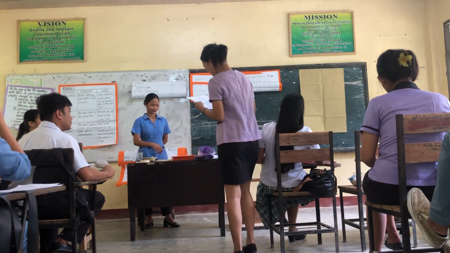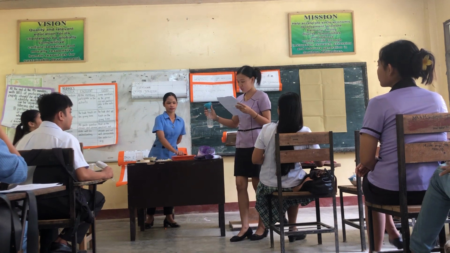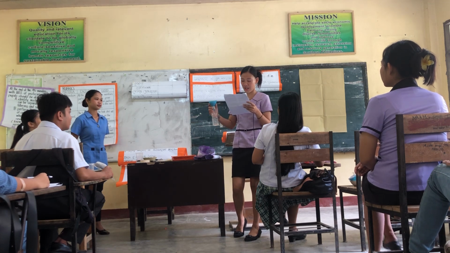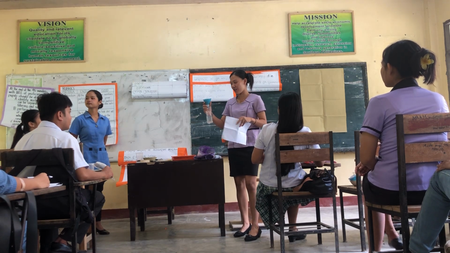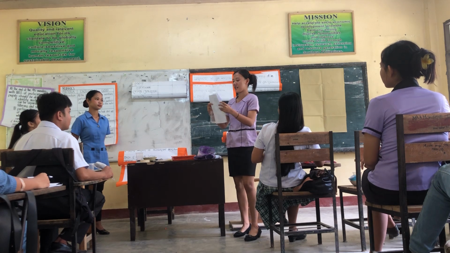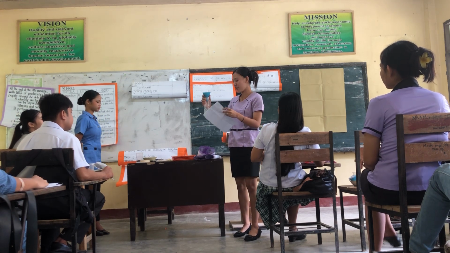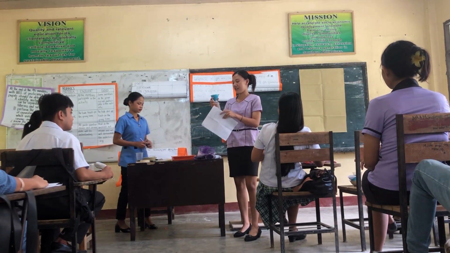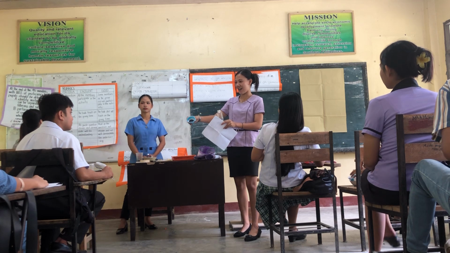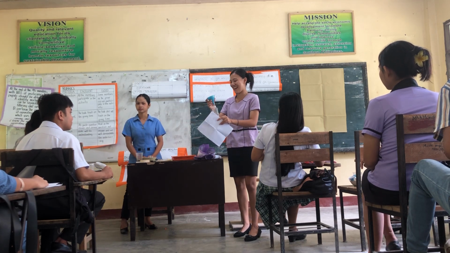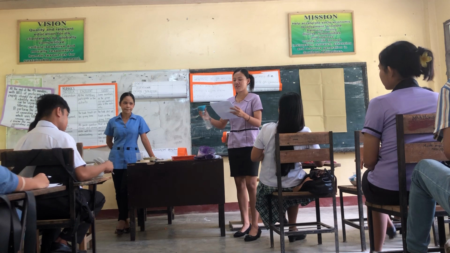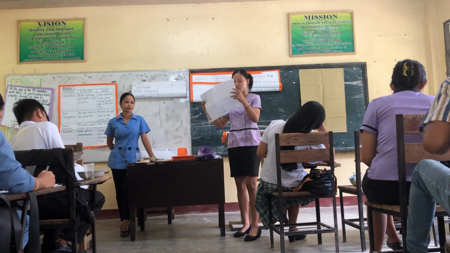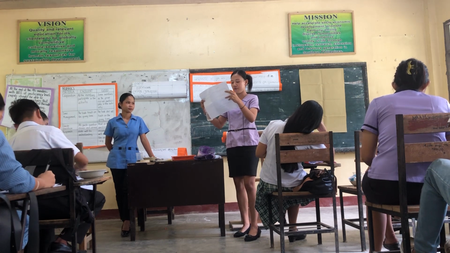Good morning everyone. This is our output. Guide question: what will happen to the sand and water? Our answer is clean water will pass through the filter paper or filter cloth, leaving behind the sand. As you can see, it left us the filter paper. Guide question 2: how will you describe the components of the mixture to be separated using filtration?